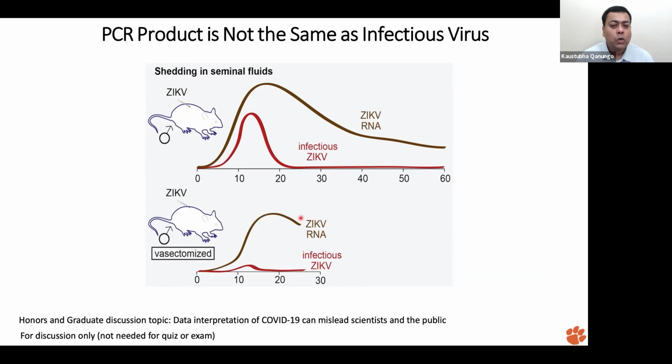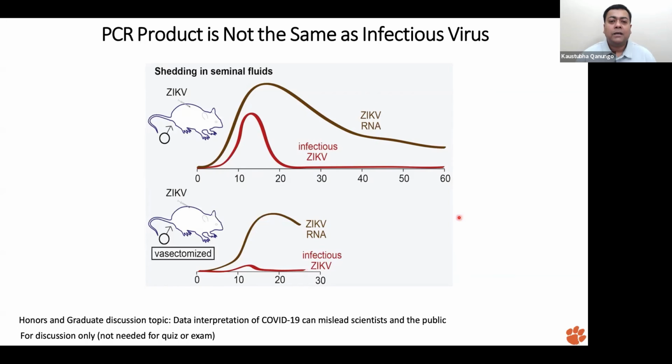So here in these vasectomized mice, where the virus is not allowed to move anywhere else in the body, you can see that the detection of the RNA is much less. On the other hand, if you allow the RNA to diffuse through the body, you can detect RNA after such a long time.